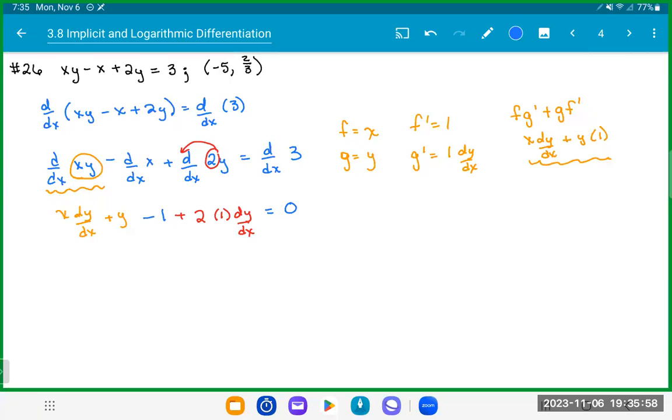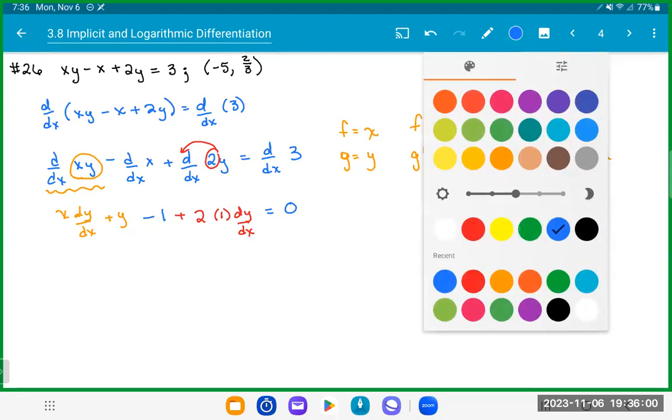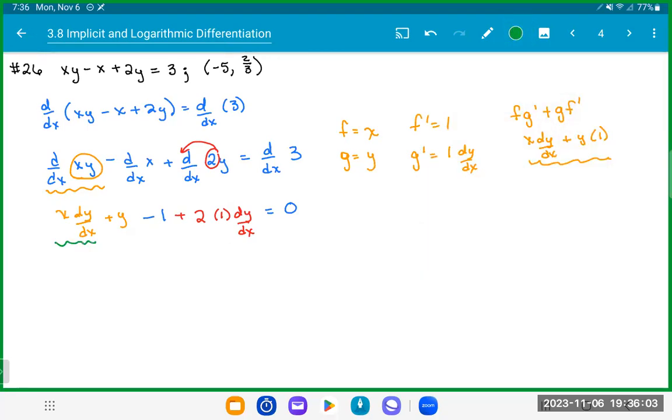We can see that this term has a dy/dx and this term has a dy/dx. So if I factor the dy/dx out, I'm left with (x plus 2) dy/dx, and then what's left is plus y minus 1, is equal to 0.